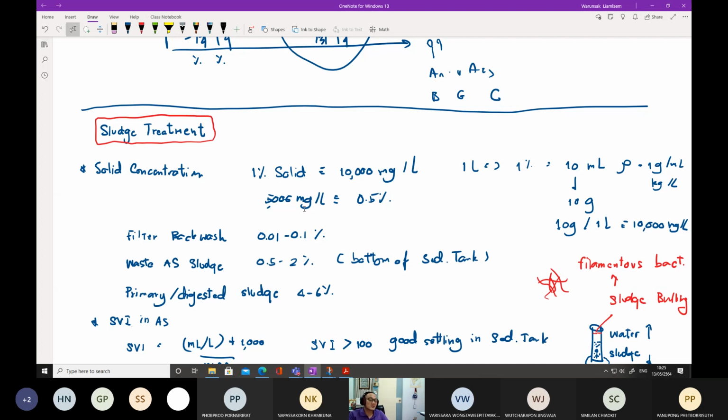This is the concentration of the sludge collected at the bottom of the sedimentation tank. And for the primary or digested sludge, the sludge after being stabilized by the anaerobic process, which we normally call the digested sludge, it's between 4 to 6%.